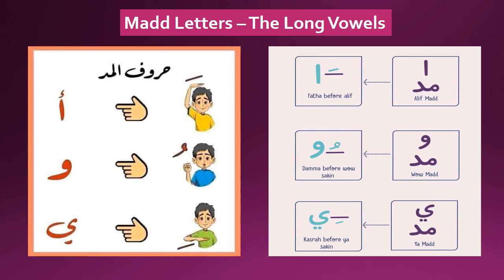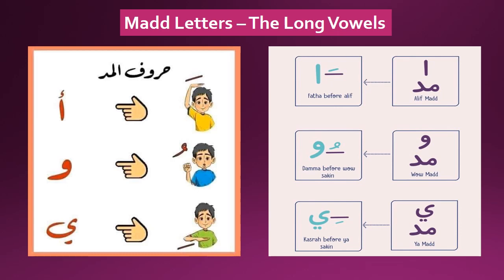So today we will learn about the long vowels, mad letters. Harkaat represent short vowel sounds. We know that a single harkat is a short movement of sound. But when this sound is stretched twice, it becomes a mad.